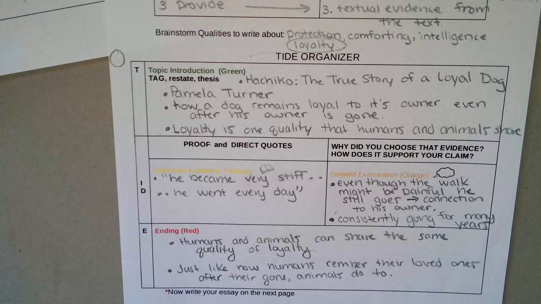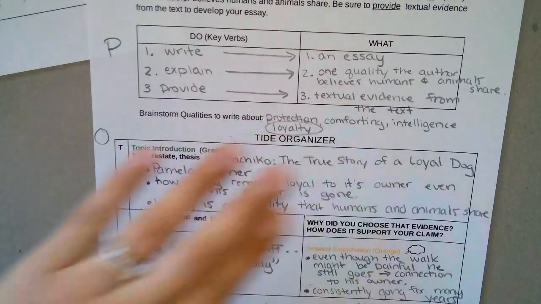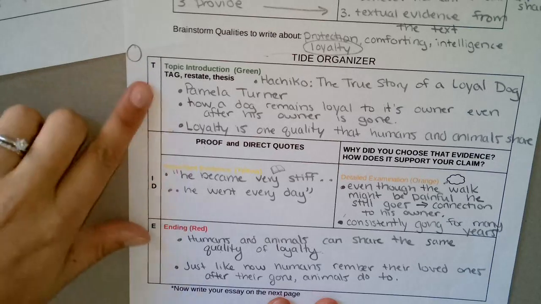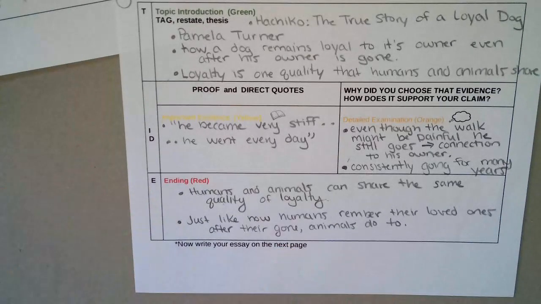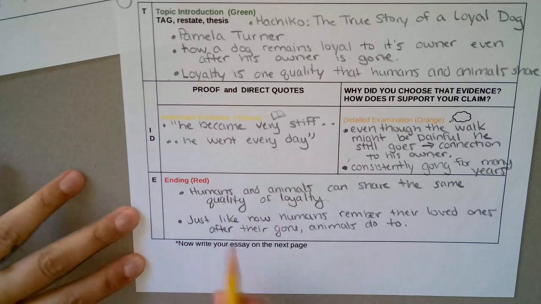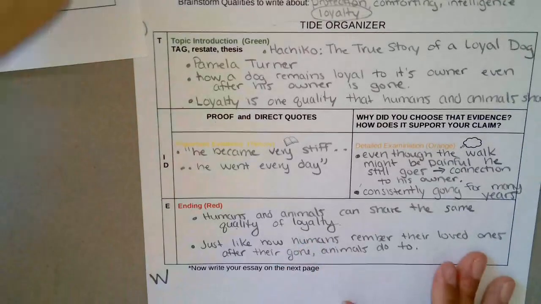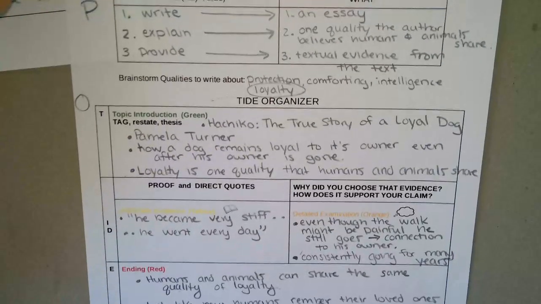So what I have right now is I've finished pulling the prompt apart. I've finished organizing my writing using Tide. Okay. And now I'm ready to write my essay. This is the W of POW, right? So you're going to actually take this Tide organizer.